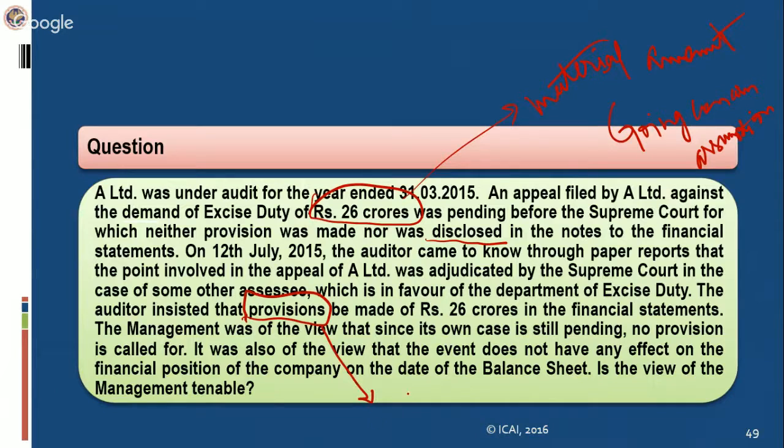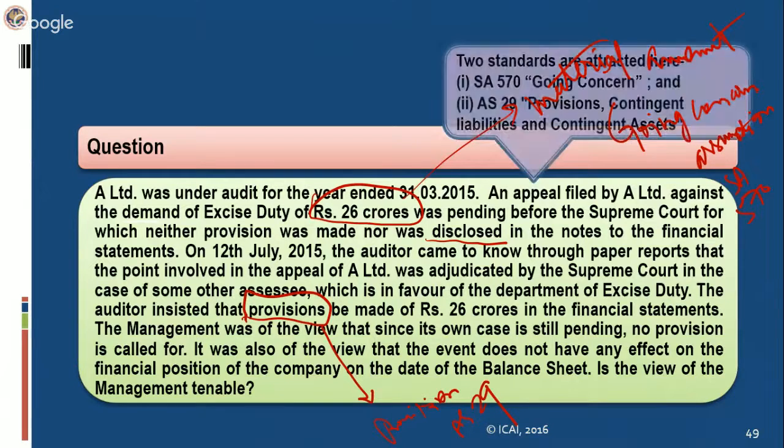This is also covering the provisions part given under Accounting Standard 29. Here the going concern assumption, this is covered under SA 570. Here you can relate, like I have given you example, two provisions are applicable in the given situation. One is the going concern assumption of SA 570 and second is the provisions given under Accounting Standard AS 29.